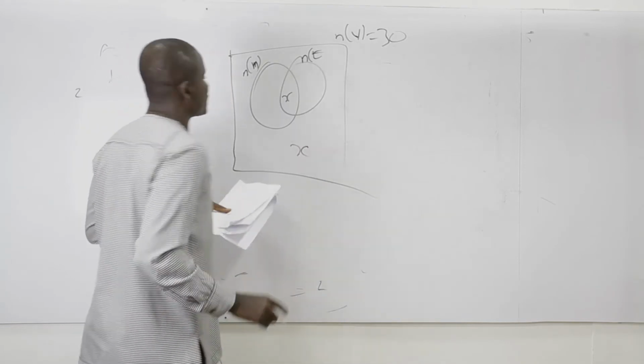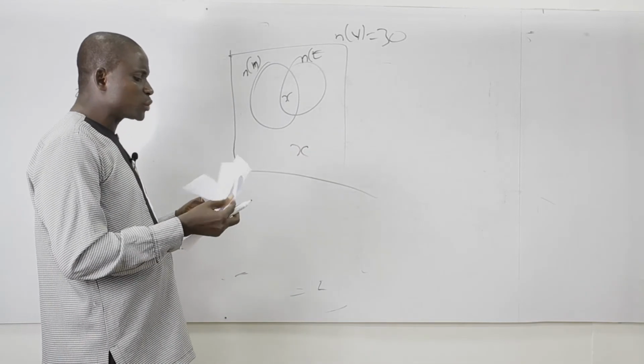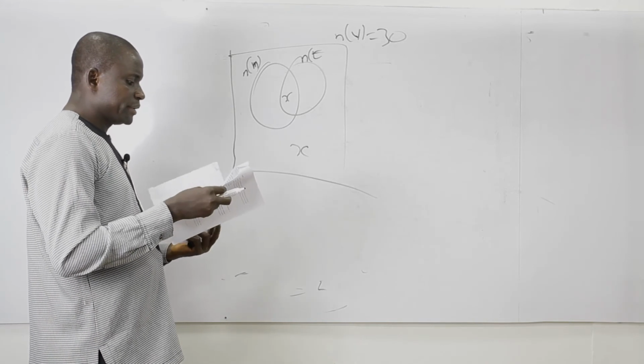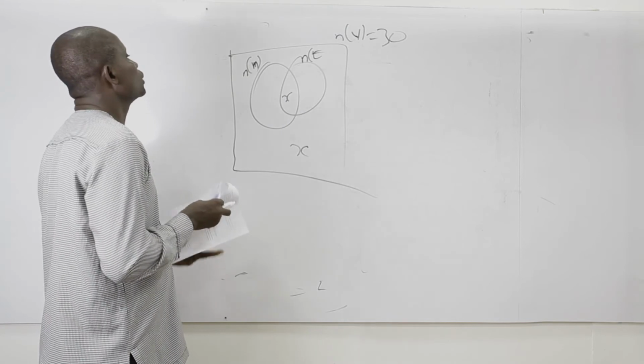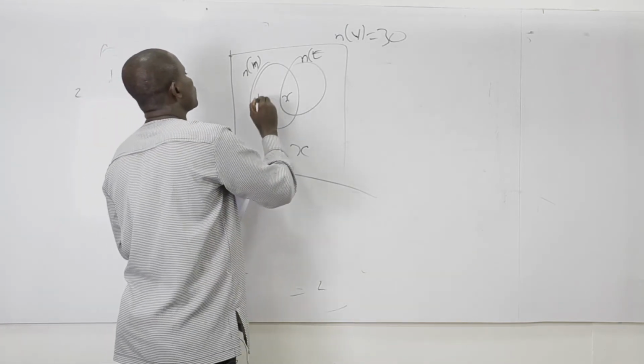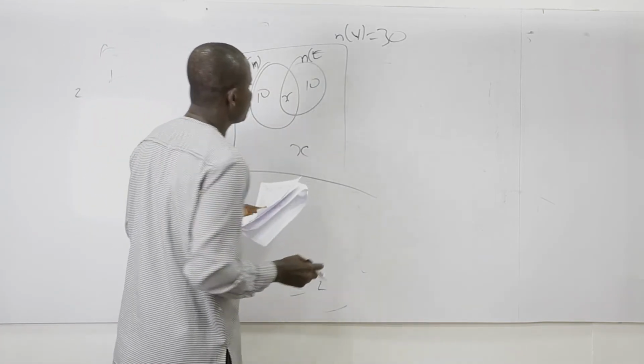So over here, here is x, and here is n(Maths) and n(English). And here is also x. But in the question, it was made clear that 20 students study only one subject. So if it is 20 and it is only one, then here becomes 10 and here is also 10. That's all.